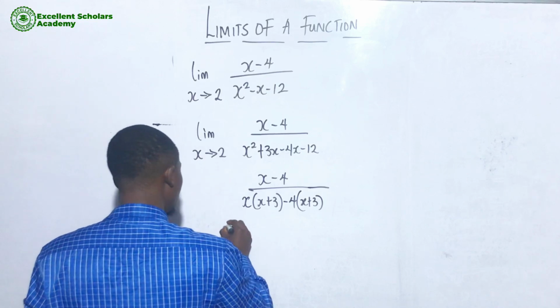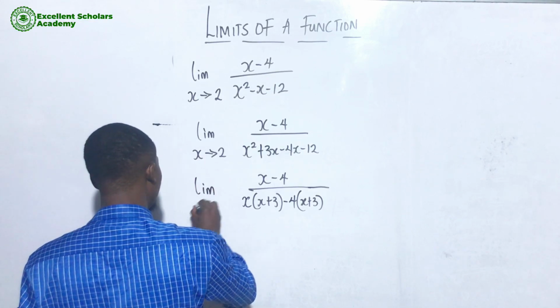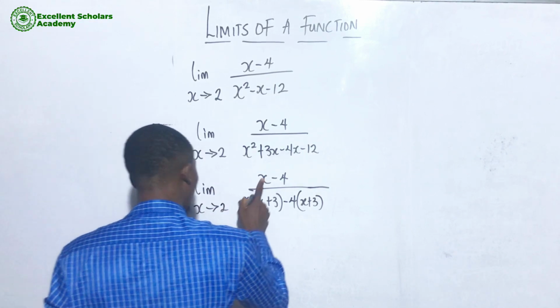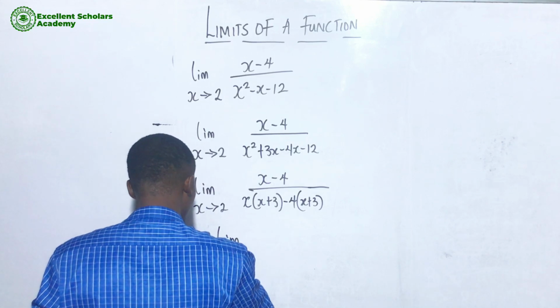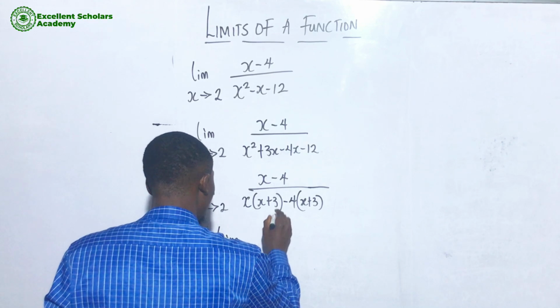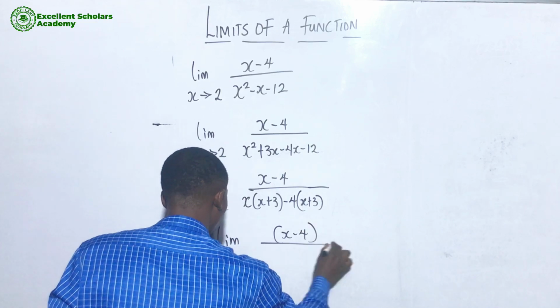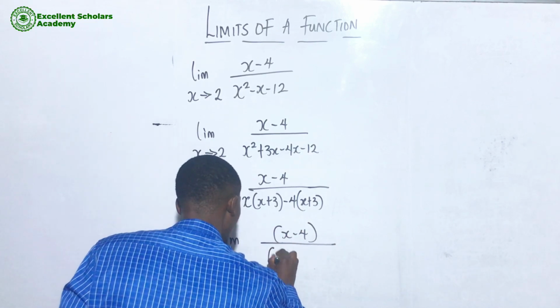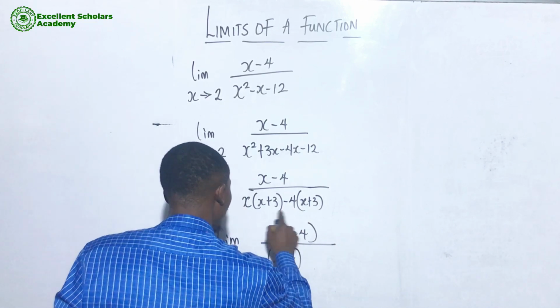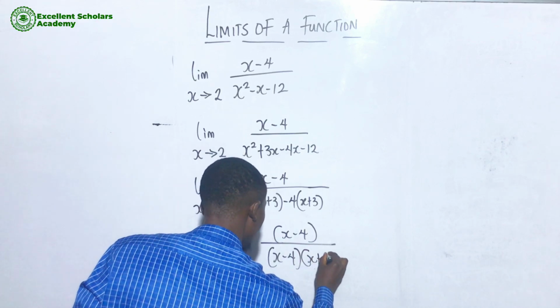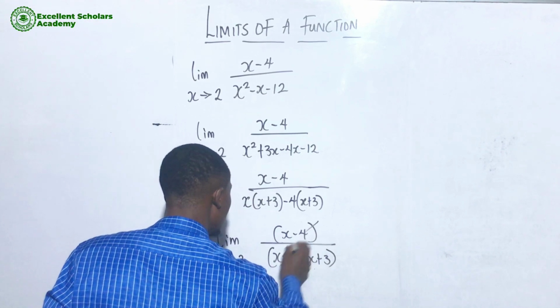Okay, so this is, don't forget, the limit as x tends to 2, and this becomes x minus 4 all over, bring this out, x minus 4, take one of this, x plus 3, and you notice this takes this out.